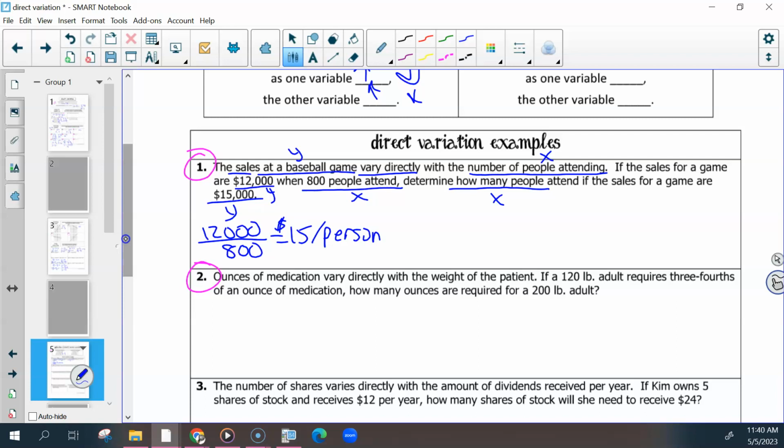Then we could write our equation, y equals 15x, and use the last number that we're given, so our y value, 15,000, and solve for x. What would our x be?